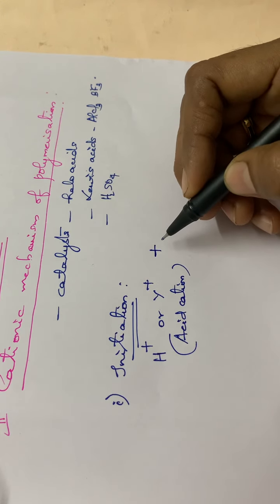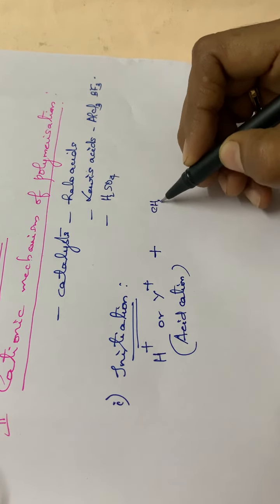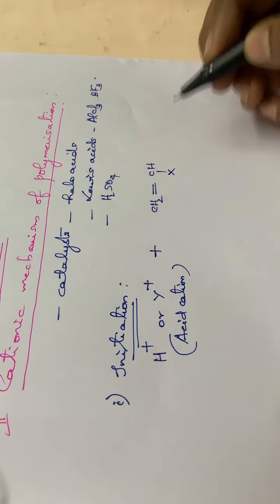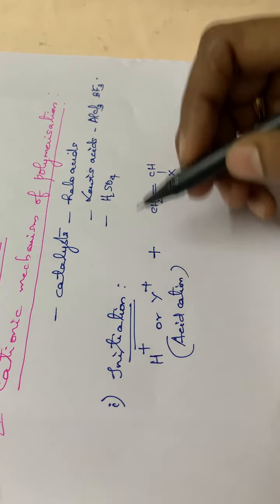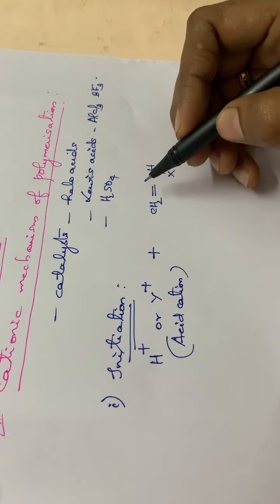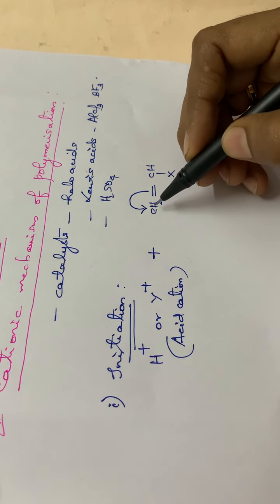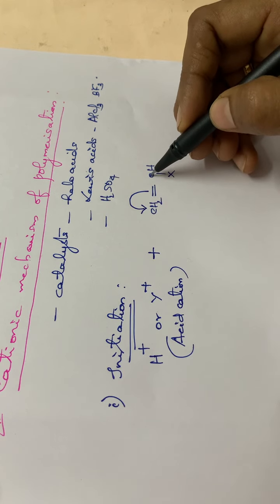Since this is an addition polymerization reaction, there will be a presence of a double bond, isn't it? So here we can write a double bonded compound CH2 double bond CH single bond X. During the attack of this proton or cation, the pi electron will be shifting to this particular carbon atom, so that this carbon will be getting a negative charge and this carbon a positive charge.